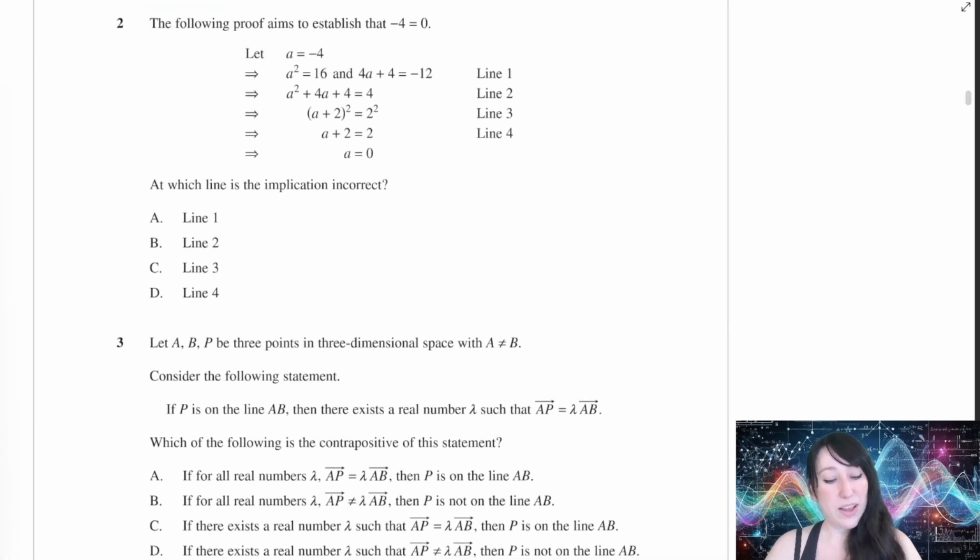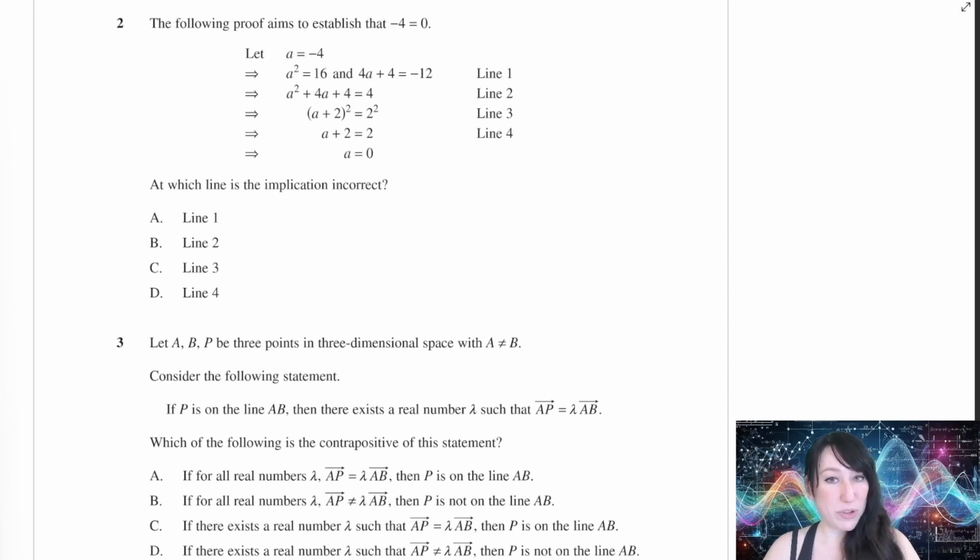Question 2. The following proof aims to establish that -4 is equal to 0. At which line is the implication incorrect? So the proof says, let A equal -4. Then in line 1, we have A squared equals 16, and 4A plus 4 equals -12.